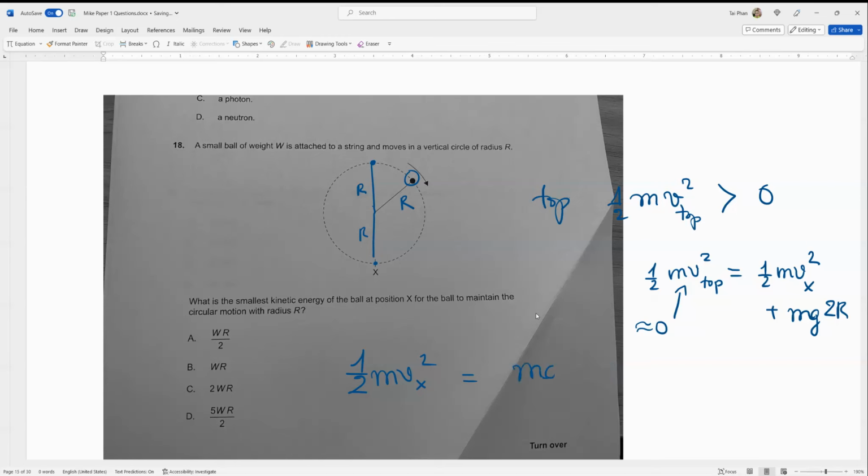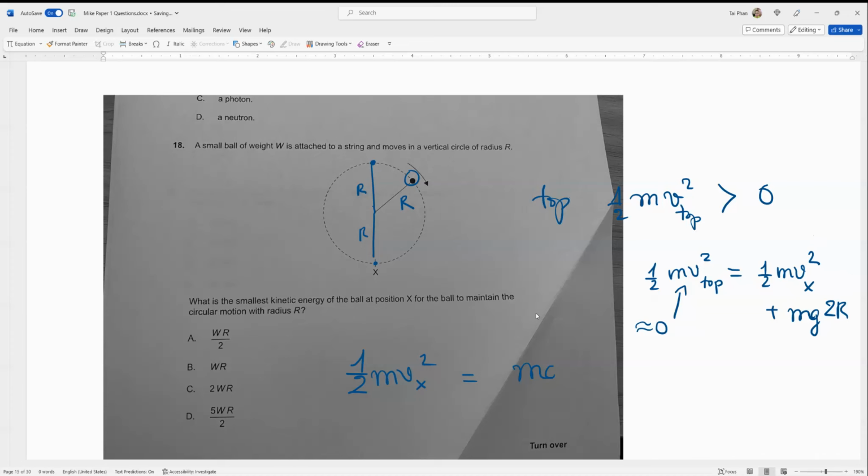When Vx is zero, oh no. It has to have some kinetic energy so that it can keep moving up with inertia, reducing the velocity Vx, reducing the kinetic energy, so that the potential energy can increase.